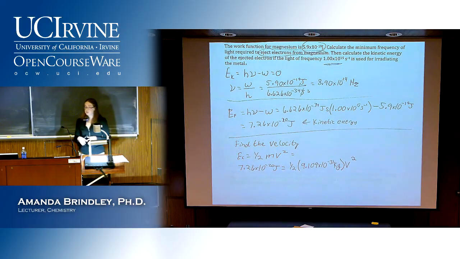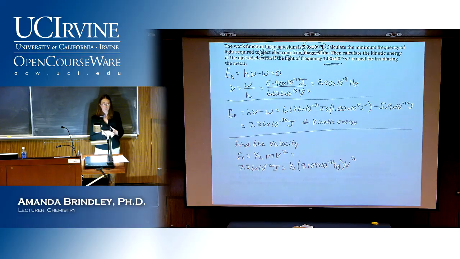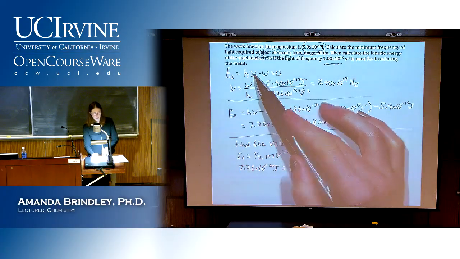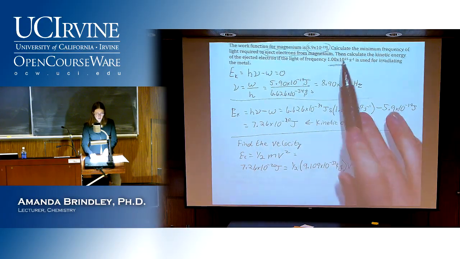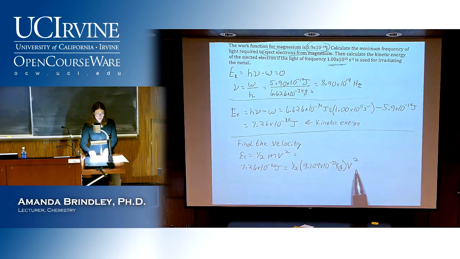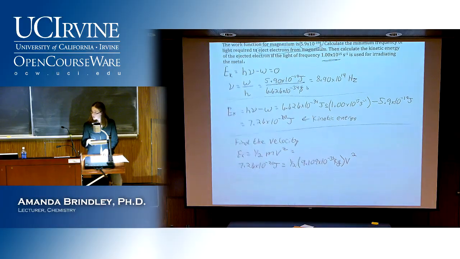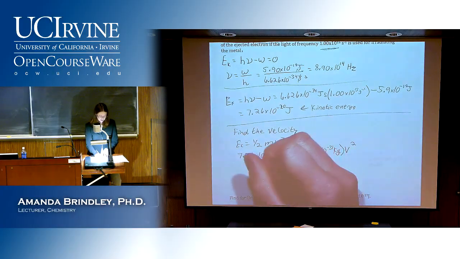Now notice this is one of those places where we have both frequency and nu, and they're in one equation. So make sure not to mess them up. This was nu for the threshold frequency, this was nu for this frequency, and this is v for velocity. So now we go through and we solve this.